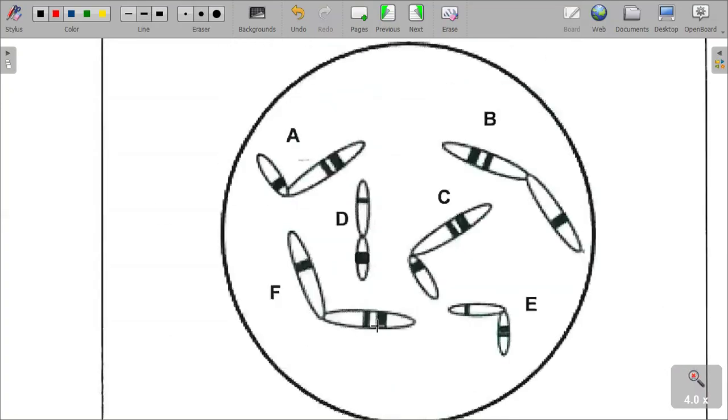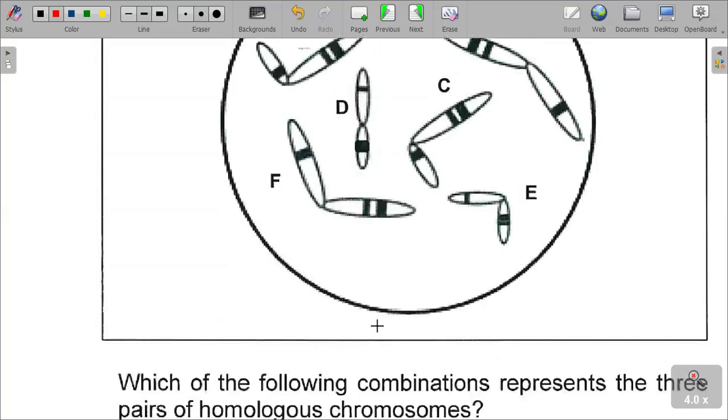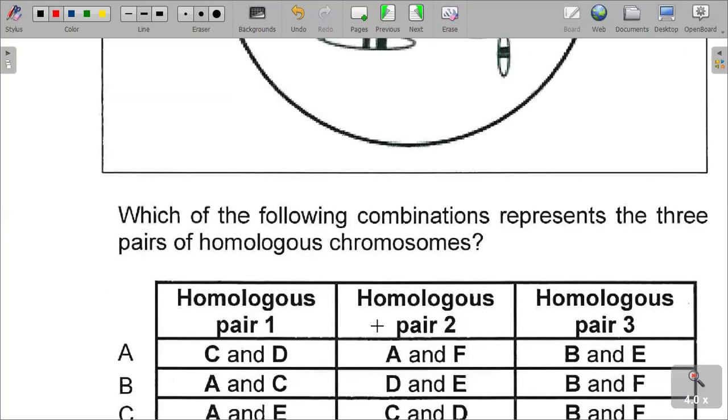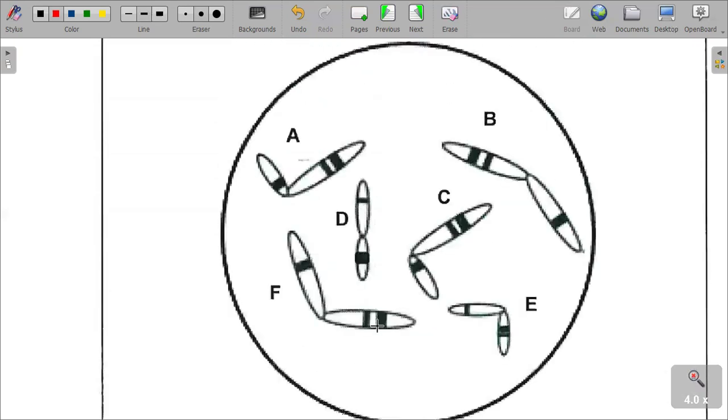In this case, which ones are showing homologous chromosomes? You need to understand that if we pair them, which one represents homologous chromosomes? I can say A and C. We can match them as being the same.